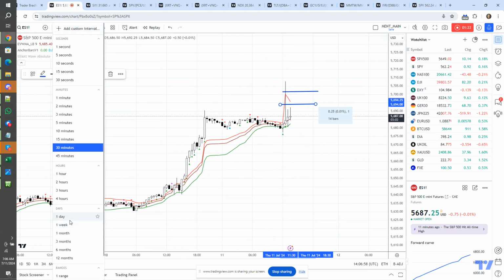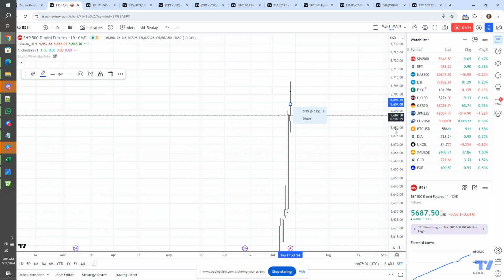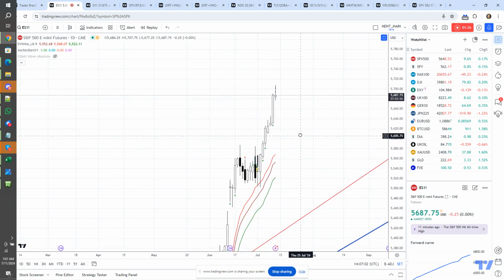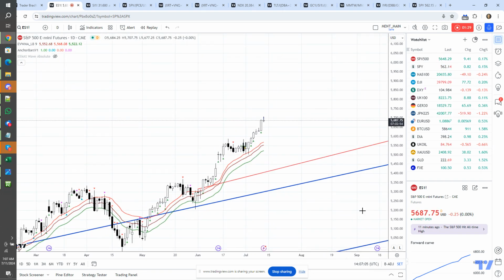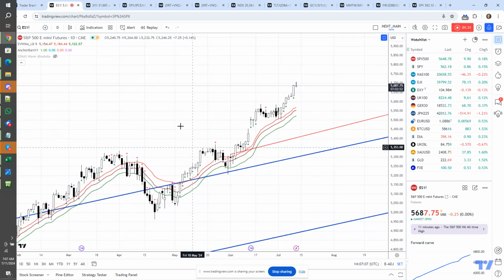So now we come down here to the daily, and I'll probably have to shrink the chart a bit. You remember that I had mentioned to you the market moves in legs, right?